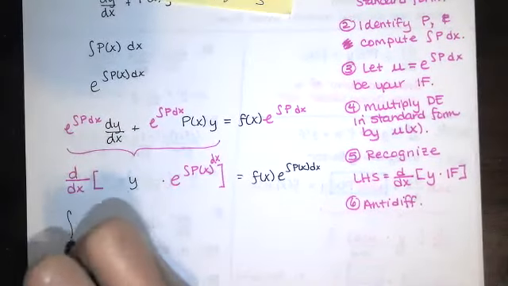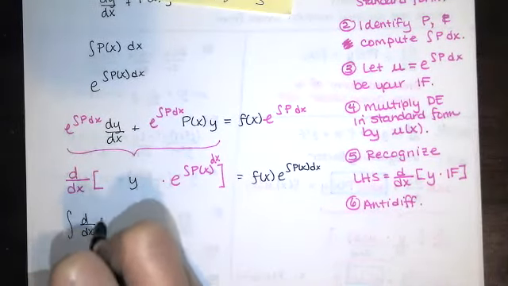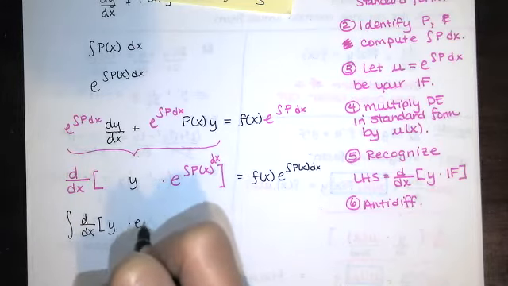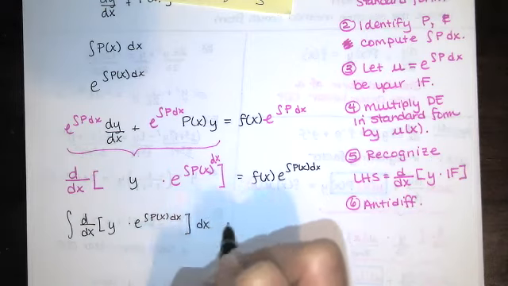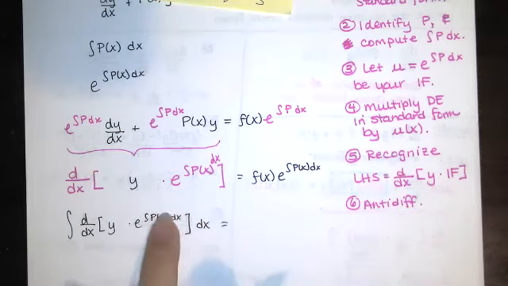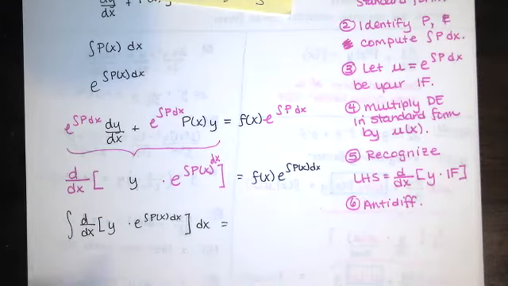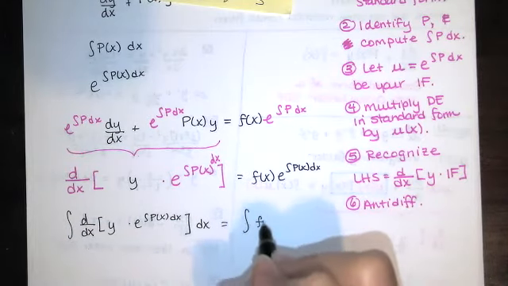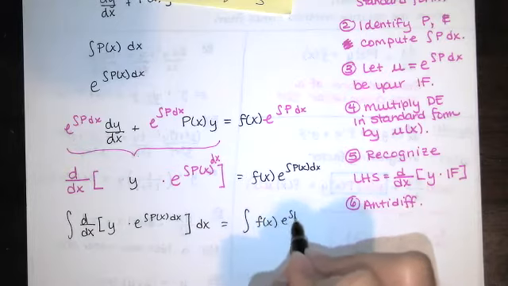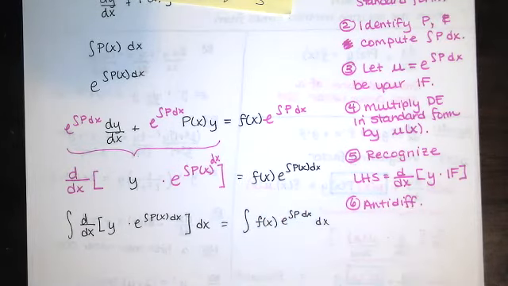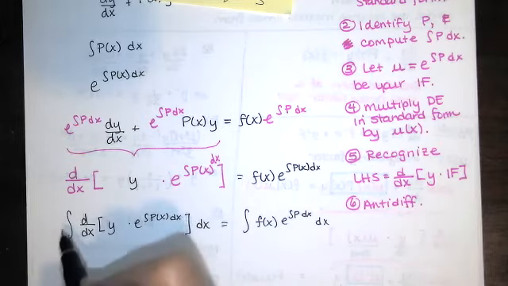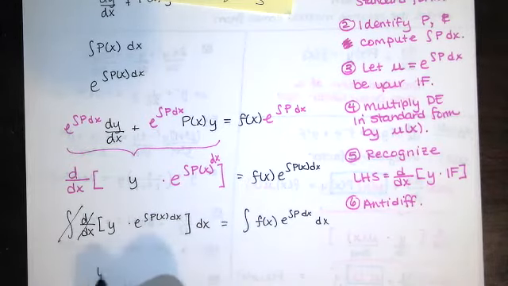So you're taking the antiderivative of the derivative of y times the integrating factor with respect to x. Don't be distracted by that. I almost just want to write an IF. It's just the integrating factor. And make sure that if you're anti-differentiating the left-hand side, you do the same thing on the right-hand side. So you've got that. The antiderivative of the derivative is the original function, so you get your product back.